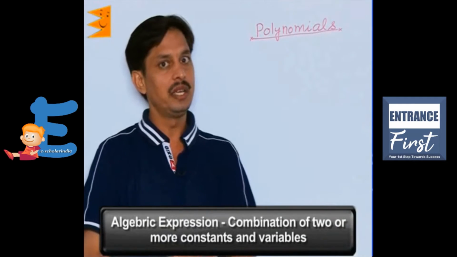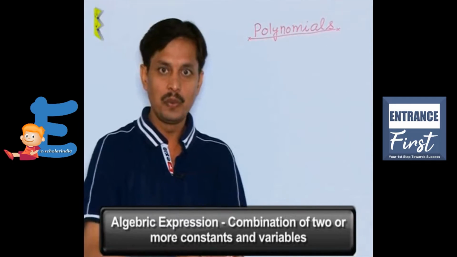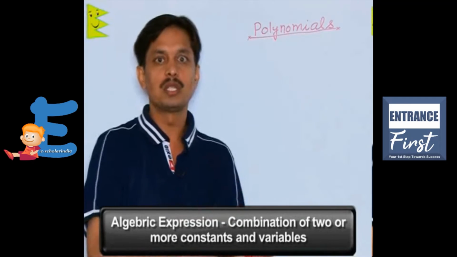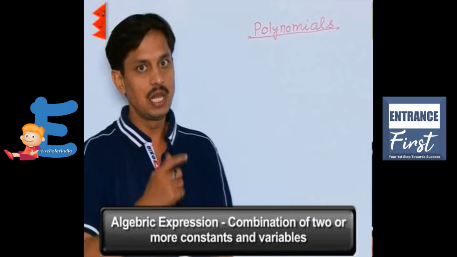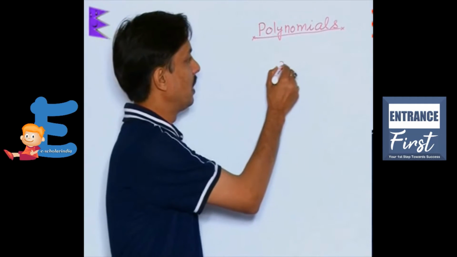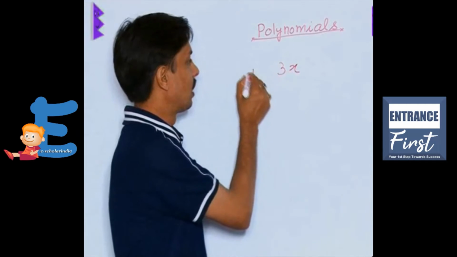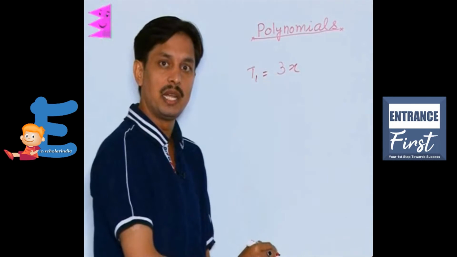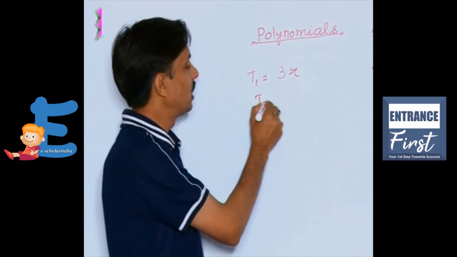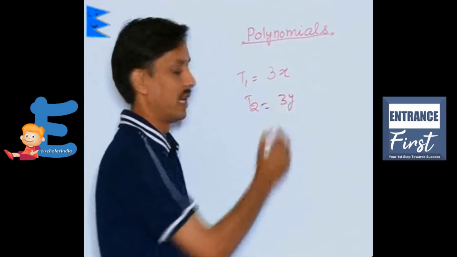An algebraic expression is the combination of two or more constants and variables. Say for example, if I have two terms, one of the terms is 3x. This is term number 1, which I am expressing here by t1, and the second term t2 is 3y.